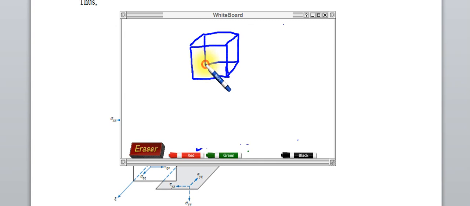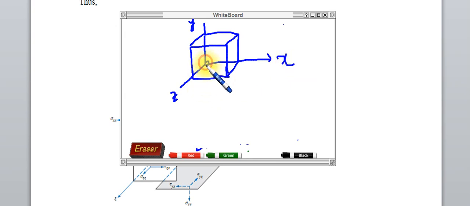This is the x direction, this is the y direction, and this is the z direction.